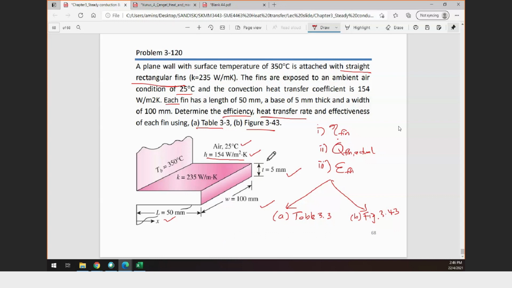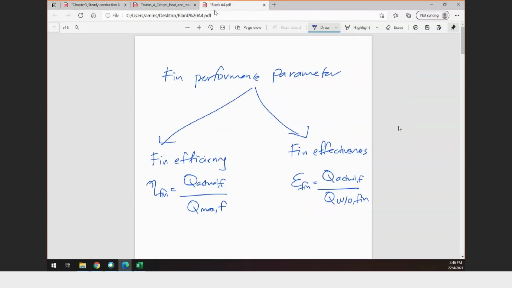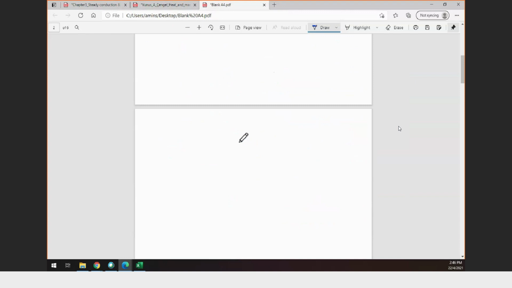Okay, so how do we start this? Normally, for information, I'm still checking your assignment 1. Some of you did not follow the instruction properly.